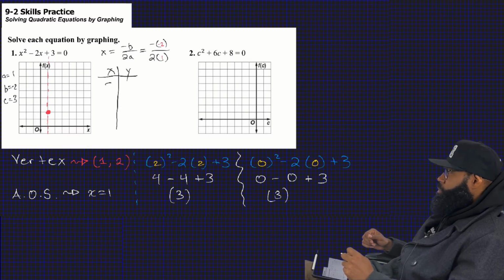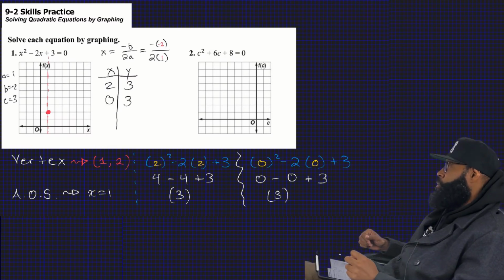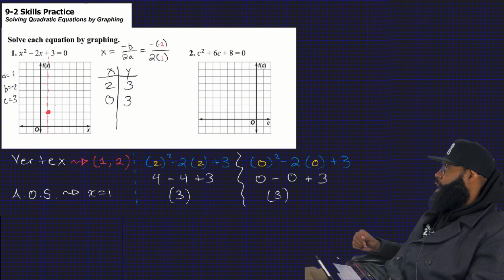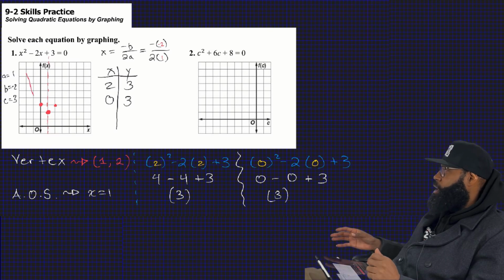Here's your table to solidify, show a little work, whatever you want to call it. And plot those two, boom, and boom. And now guys, that's enough to make your U. It wouldn't be very accurate, but guess what? Boom, bang, pow, right?